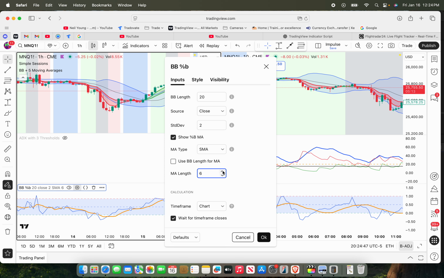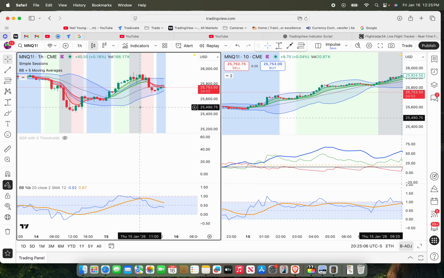I've got it set at 12 or 13 or something, I forget. And this here just uses the Bollinger Band length, which is 20. So it's a moving average of a moving average. But it works. Like here, see how price has come under this moving average? Well, it works. So that's how I use it.